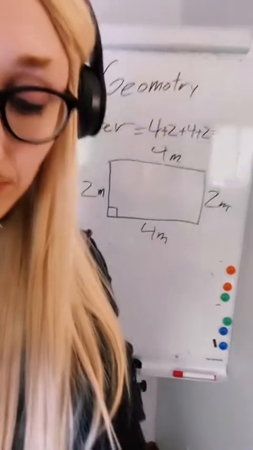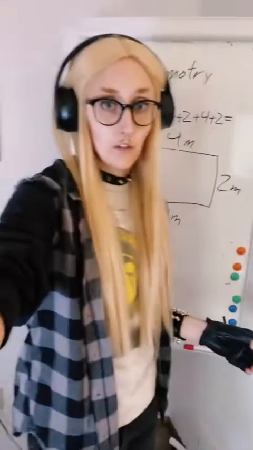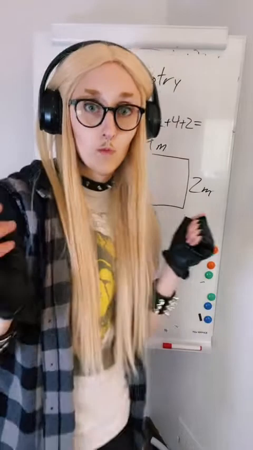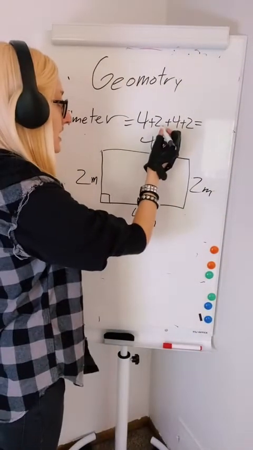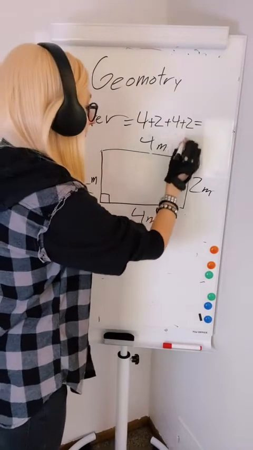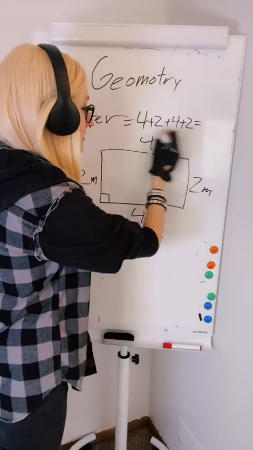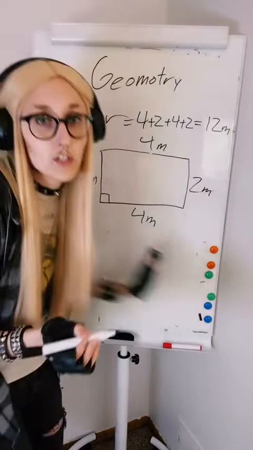I'm going to back this up a little bit because I'm not getting everything in the shot. We're also trying to shoot from a different location today because moving this thing around is hard. Little better. All right. So 4 plus 2 is 8. No, it's not. It's 6. I can do math. 4 plus 2 is 6. 6 plus 6 is 12. So 12 meters is how much the outside is.